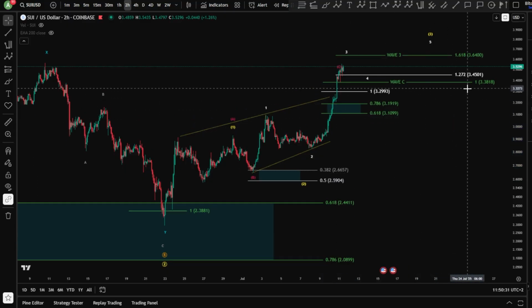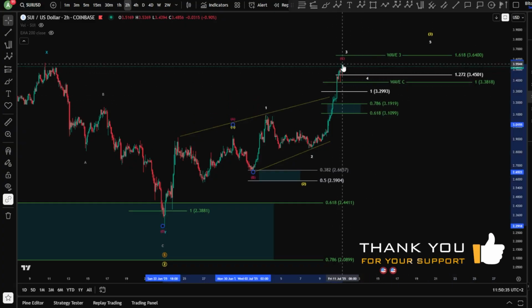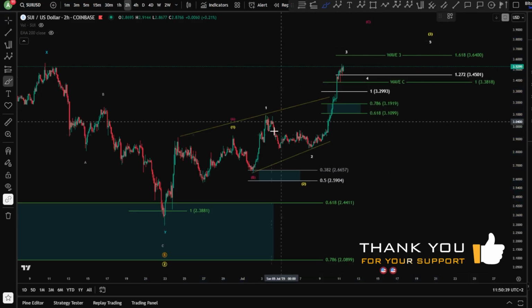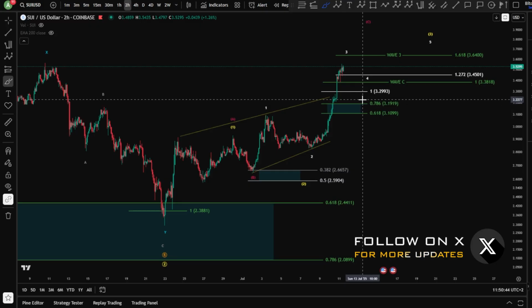And in this scenario, I would say that this is a very nice indication. By the way, the wave C, this one, is given for this A, B, and a C, okay? Just to make sure that you got the idea.